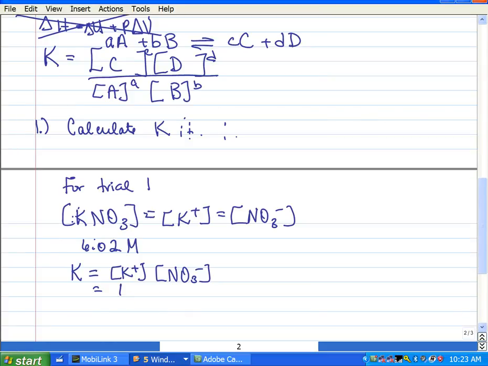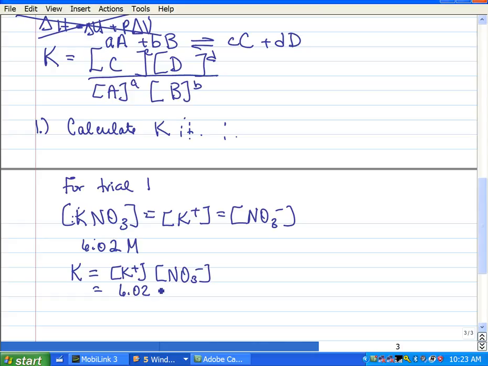So therefore, 6.02 is going to be raised to the power of 1. It's also going to be 6.02 here. And then what is the value that we get when we multiply those two? And basically, this is the same thing as the KNO3 concentration squared, right?